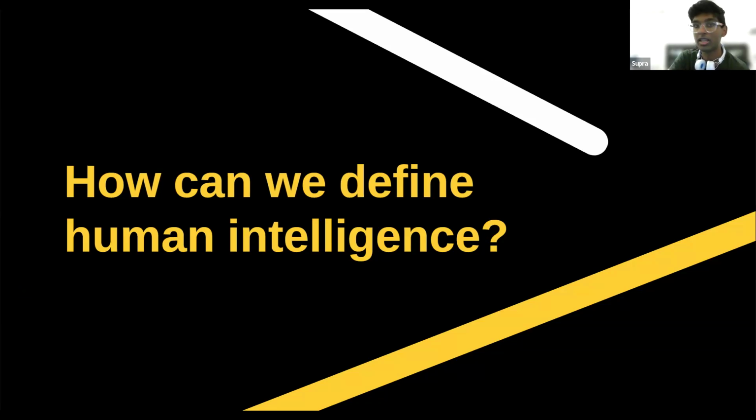So the answer to the question is we can't easily define human intelligence. It has so many meanings and so many aspects that it's really difficult to explain. However, for this class, we can think that human intelligence is made up of all of the different abilities that we get with our brain, including emotions, creativity, and our ability to adapt.